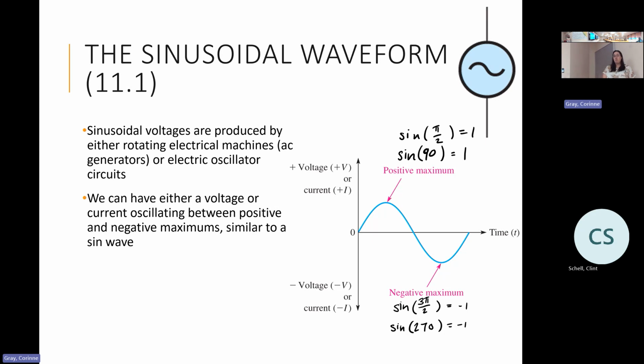So even if we have something that looks like cosine, starting at +1, going to -1 and back, that is still referred to as a sinusoidal waveform. It doesn't have to exactly be sine for it to be sinusoidal. Anything oscillating back and forth in a nice, smooth way, we will classify as sinusoidal.